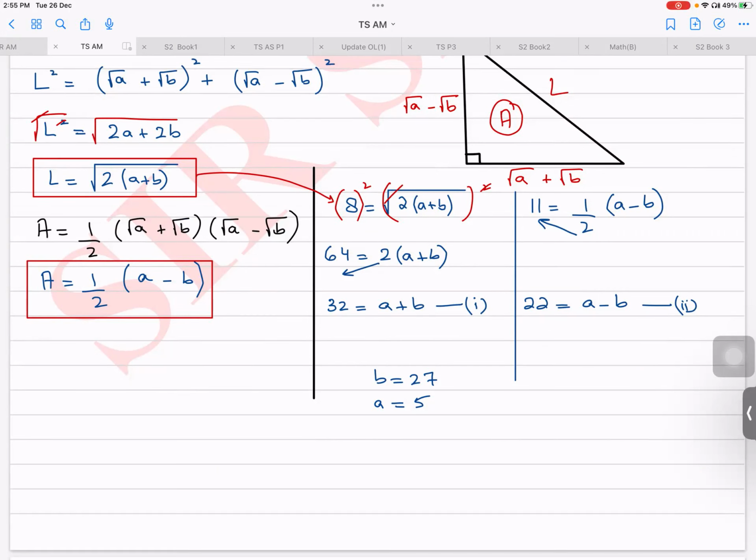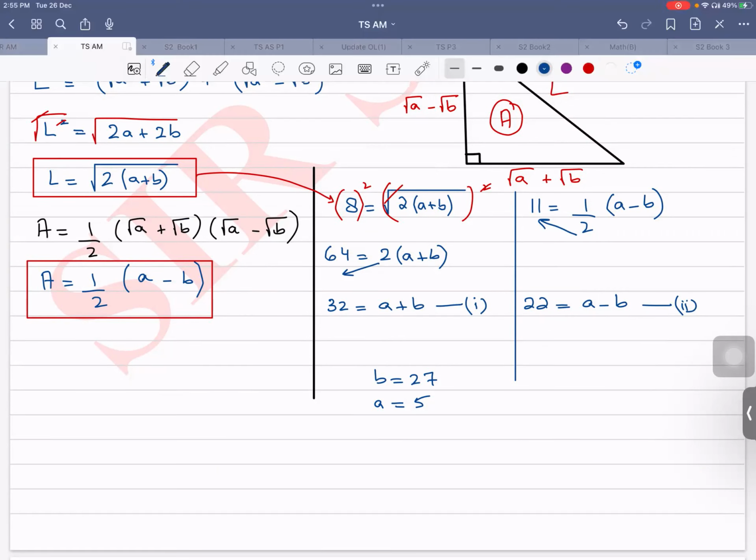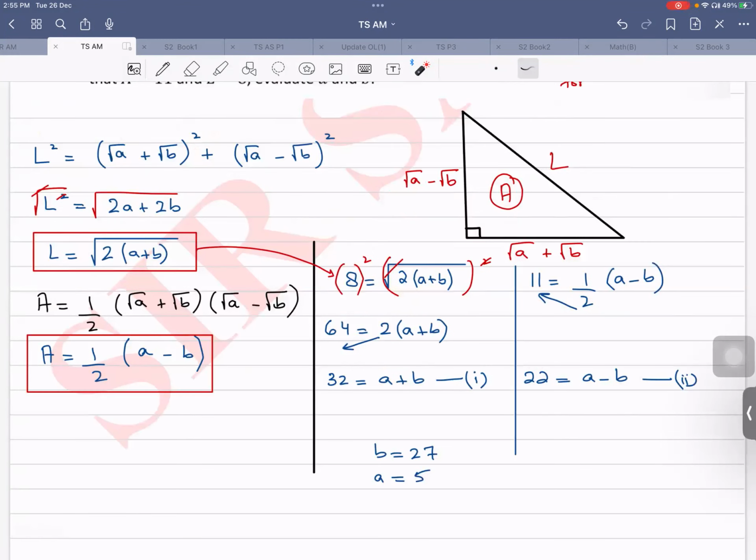If your A is 5 and your B is 27, let me see. Are we making a mistake anywhere?